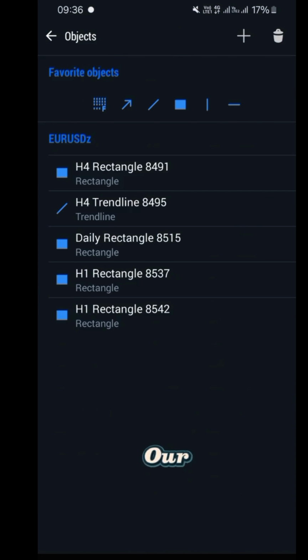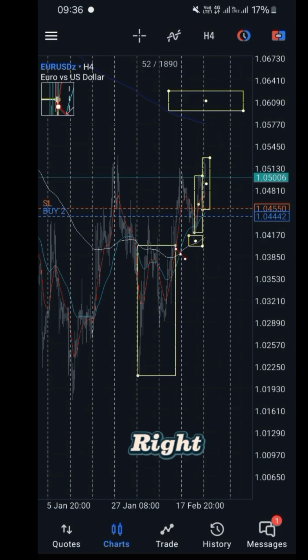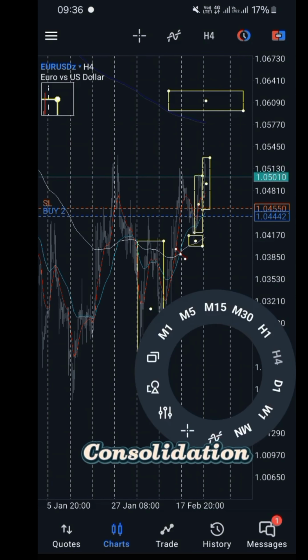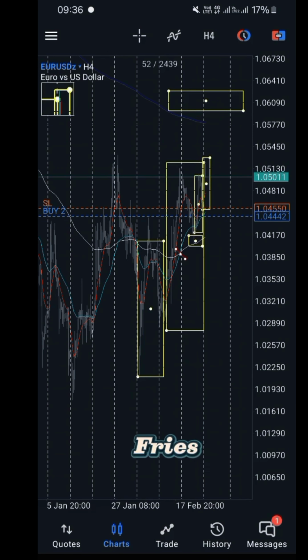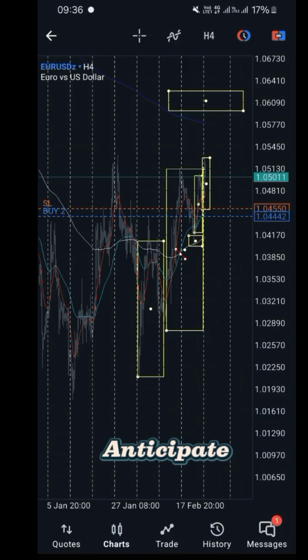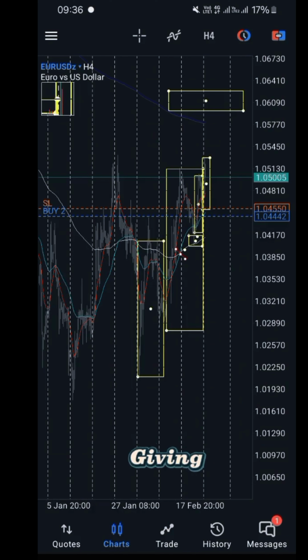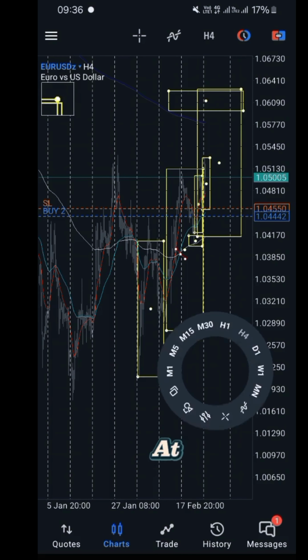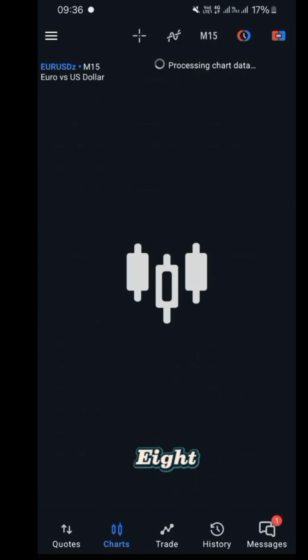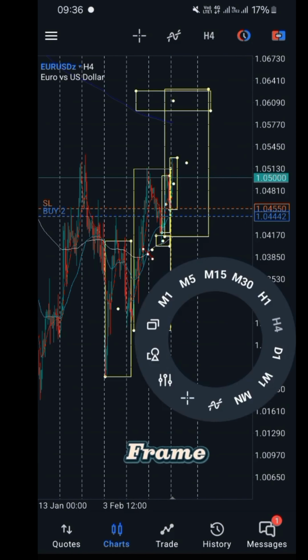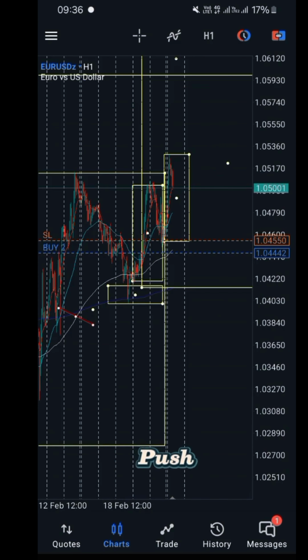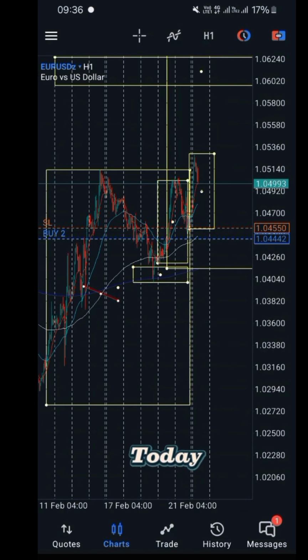So this being our level 1, into a consolidation, week 1 of rise, and this is our second level of rise, and we anticipate another push giving us the third level of rise at the 800 EMA in the 4-hour time frame. We'd love to see another push from there, so we'll see if it happens today.